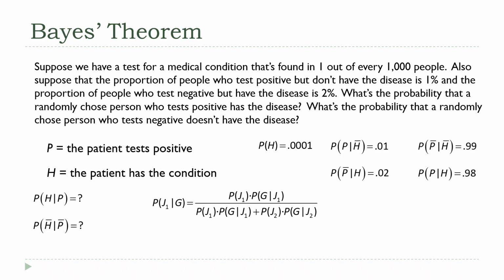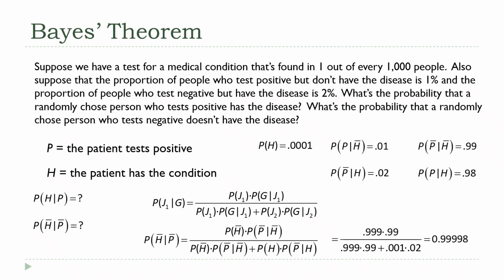Okay, so I'm going to do the same thing here. I'm going to substitute H bar for J1, P bar for G, and that's going to make J2 the complement of J1. So that's the complement of H bar, which is just H. If I make that substitution, we get this. Again, you're welcome to pause and work through that for yourself if you like. But again, now it's just a numeric problem.